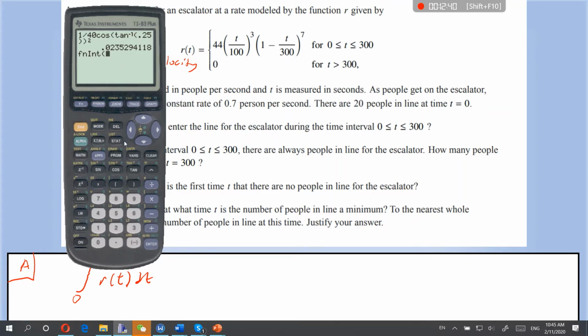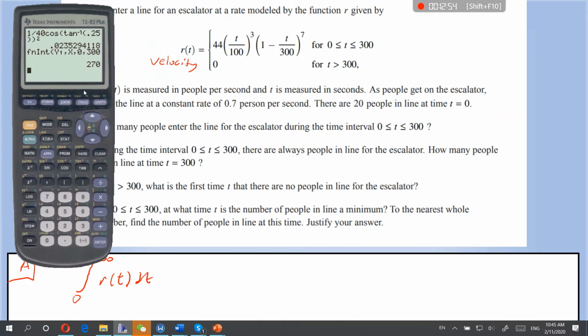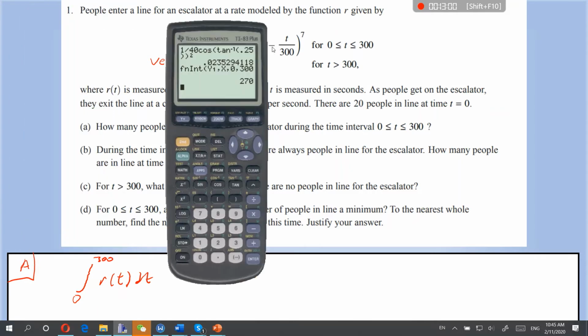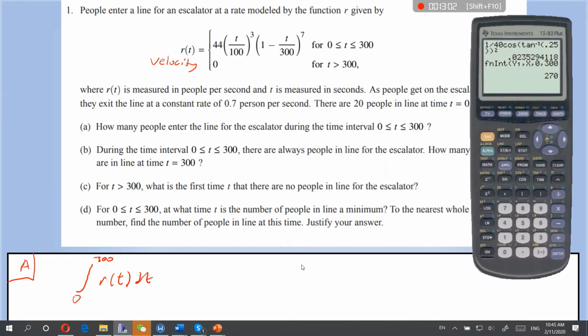So this is our equation, function y1, variable x, lower bound 0, upper bound 300. Now, on your graphing calculator on the actual test, you'll have an easier job than that because you'll get a GUI and you'll just be able to type in all the pieces of this.